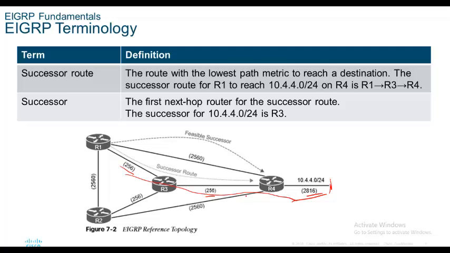Then what does successor mean? The immediate hop. If this is the path, R3 is the successor. In order to reach this network, who is the successor? This is the best exit. This is the best next hop. This is the best gateway to reach this network. The best gateway is what is called a successor.